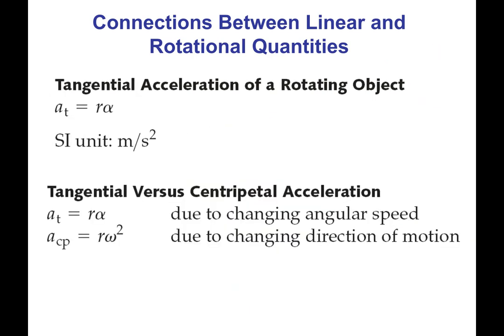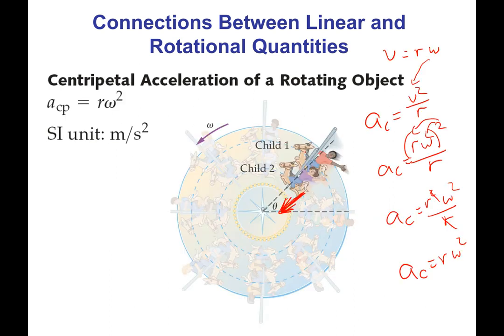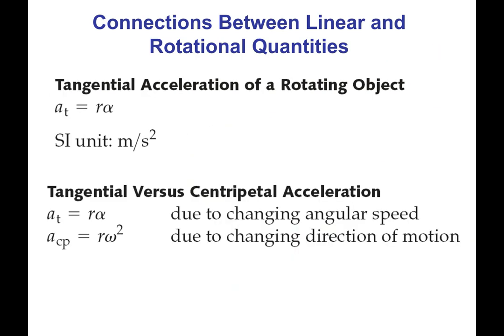Tangential acceleration is, again, you just take your alpha times your radius, and you get your tangential acceleration. Your tangential acceleration, if you're at that point, is going in a straight line. Tangential versus centripetal acceleration: your tangential acceleration is due to the change of the angular speed.